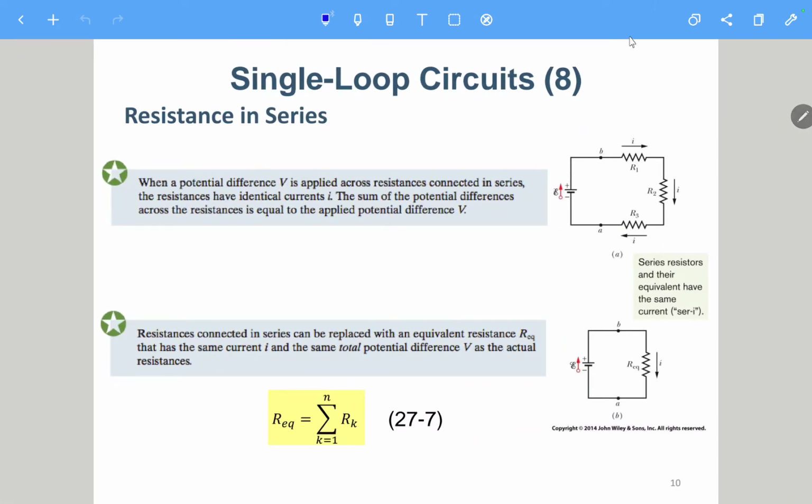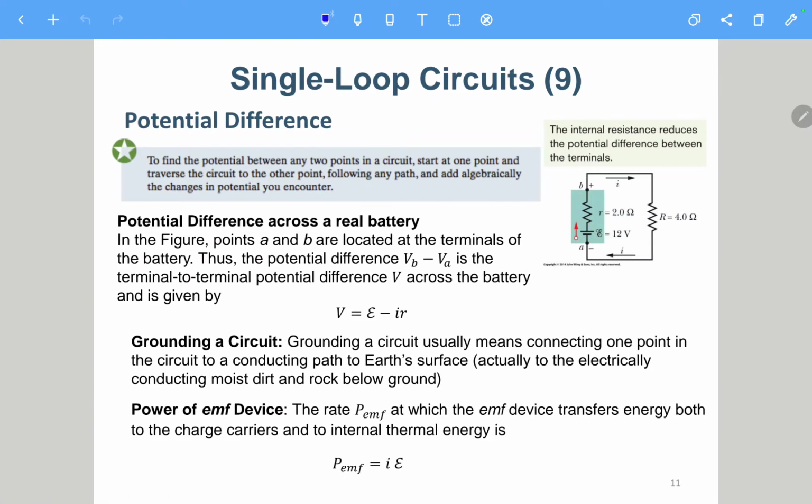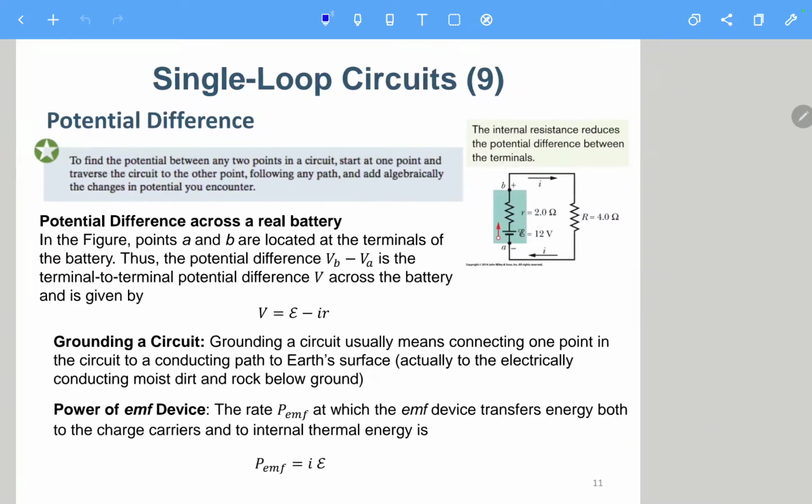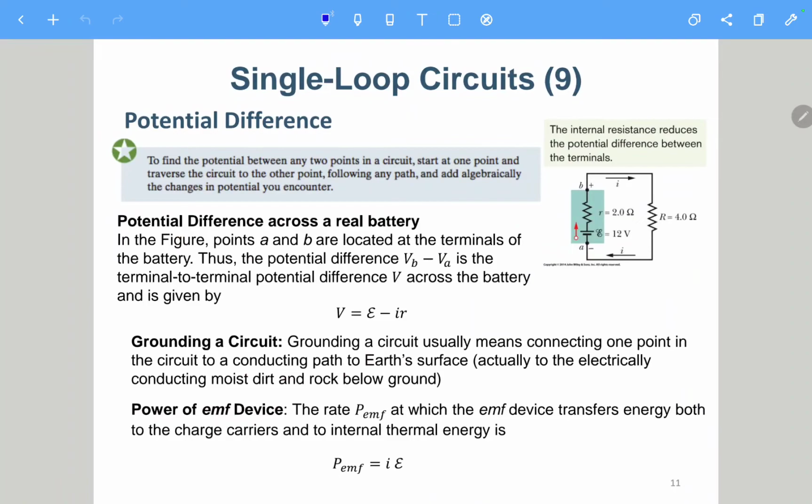If we have series resistance, you just add them together, and this is the answer. Potential difference is just subtracting the potentials of two different points, so it is nothing special either. Maybe let's stop here today.